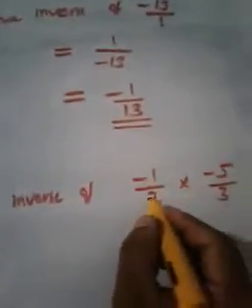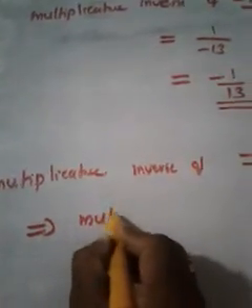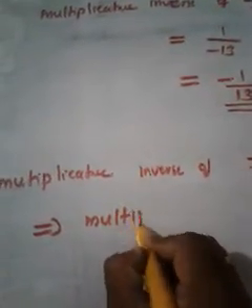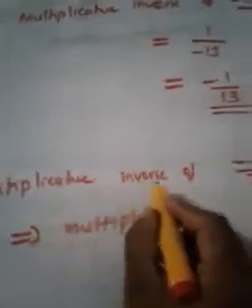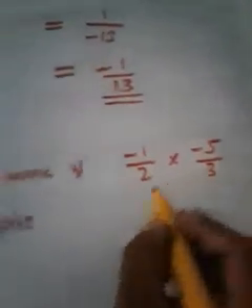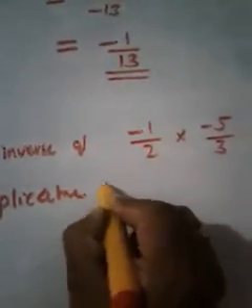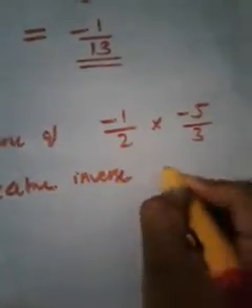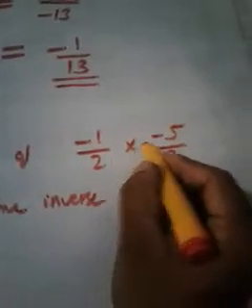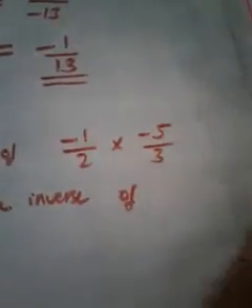That means the question is the multiplicative inverse of minus 1 by 2 into minus 5 by 3. I am rewriting the question because I have to simplify it first. I am going to simplify it as the multiplicative inverse of, what is minus 1 by 2 into minus 5 by 3? I am going to calculate that first.